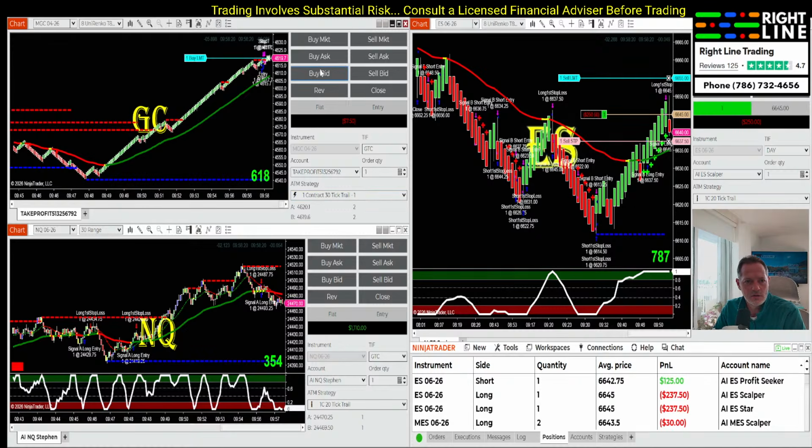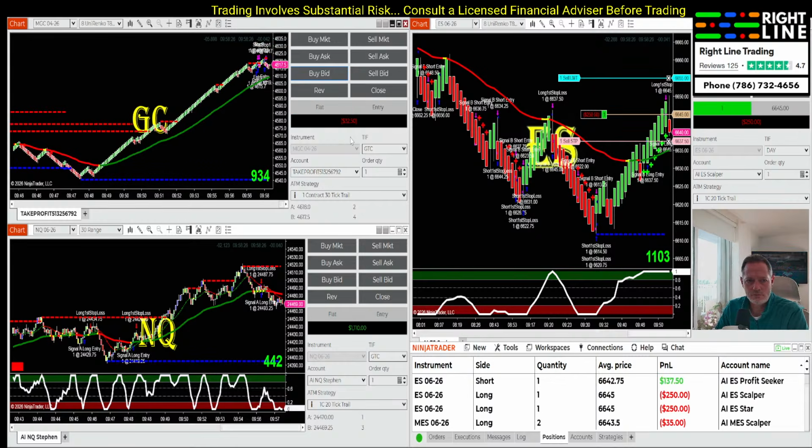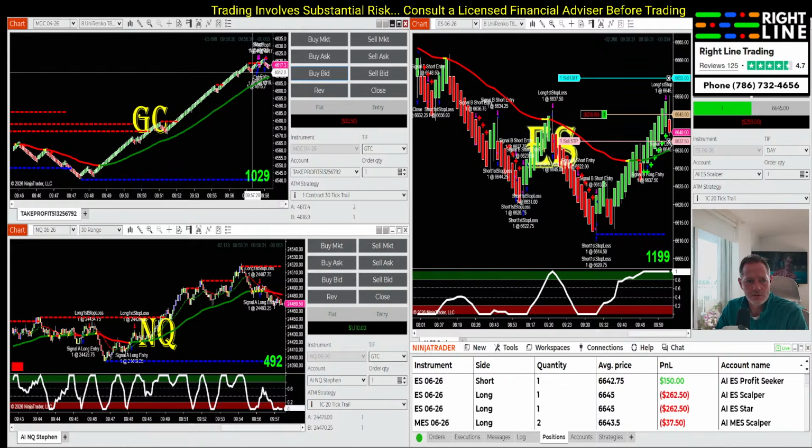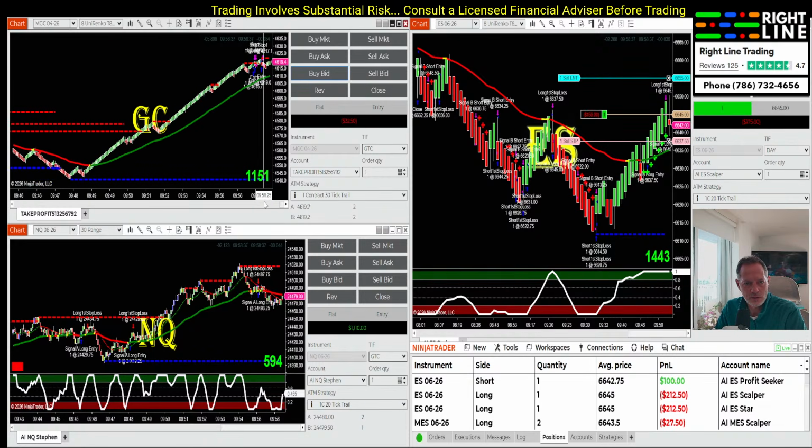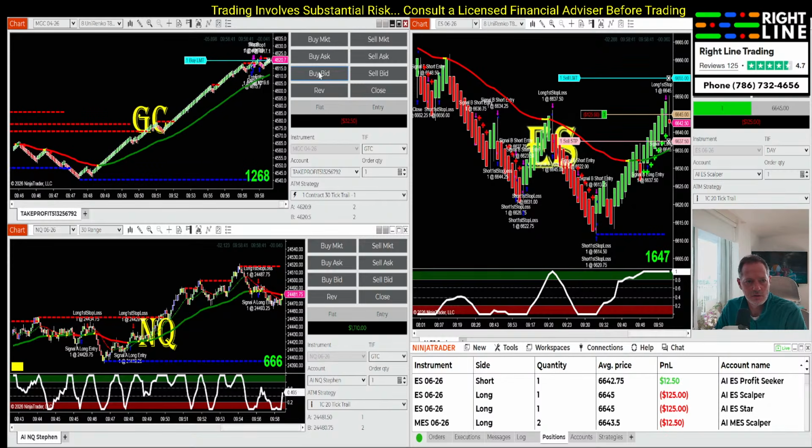Here we go. First real retracement right here. This is an 8 Unirenko, so this is an 820.40. So we just went up over 100 points in gold here.